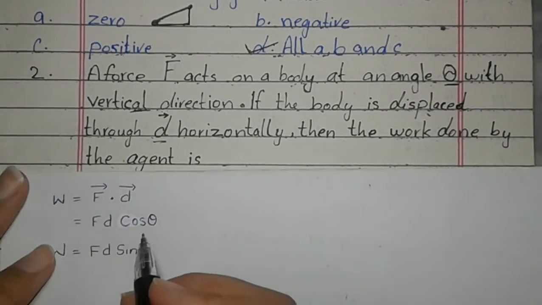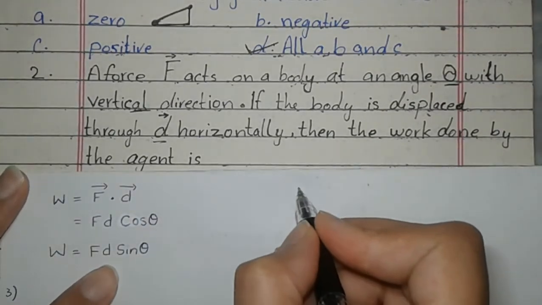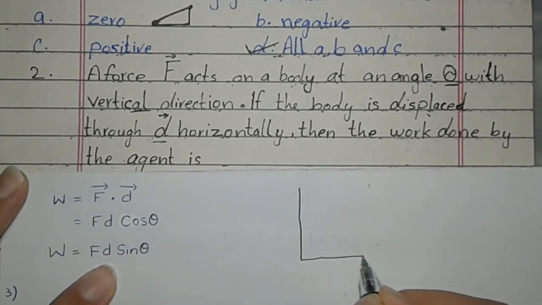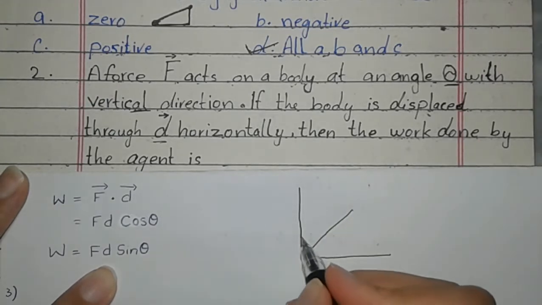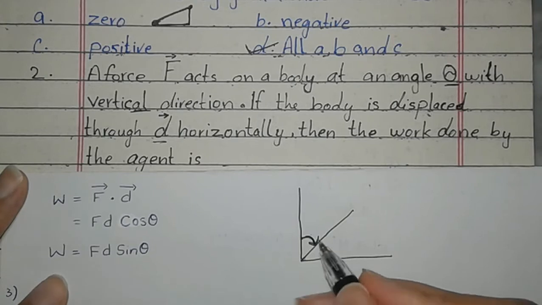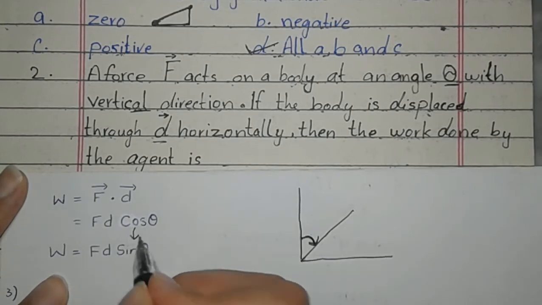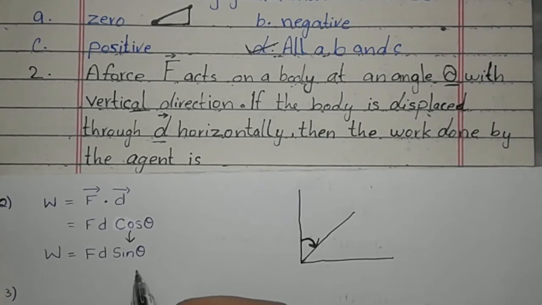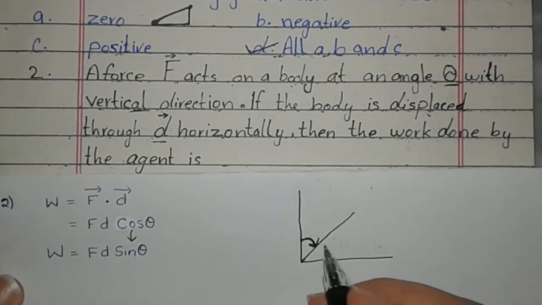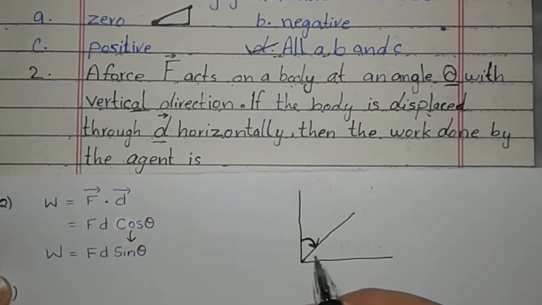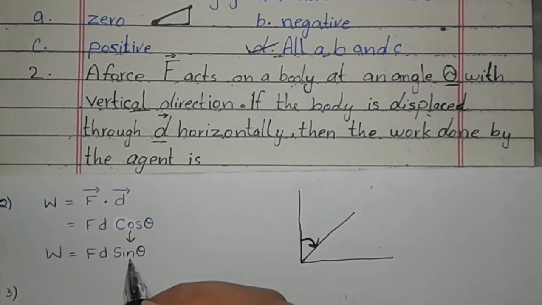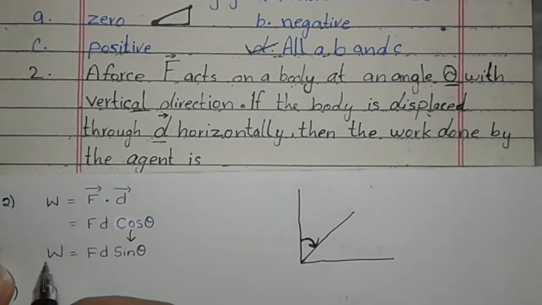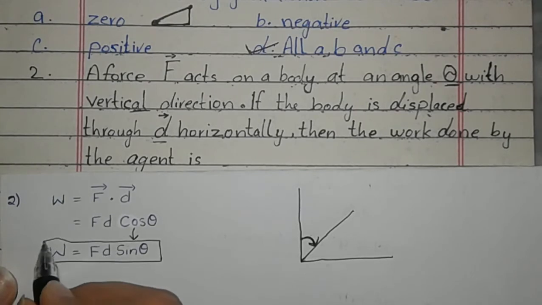But when the angle comes with vertical, then we will convert the cos theta into sin theta. We have studied in the vectors and equilibrium chapter that when the angle comes with vertical direction, we have to convert cos theta into sin theta. So the answer is work done is equal to FD sin theta.